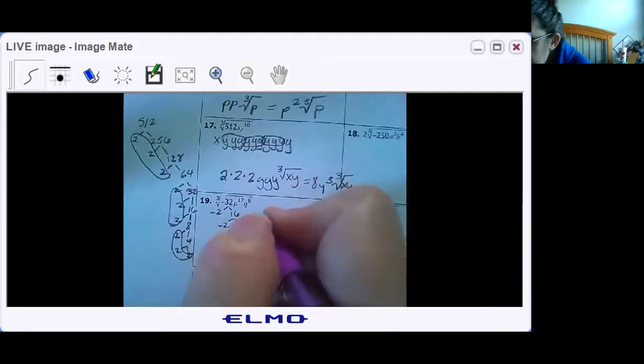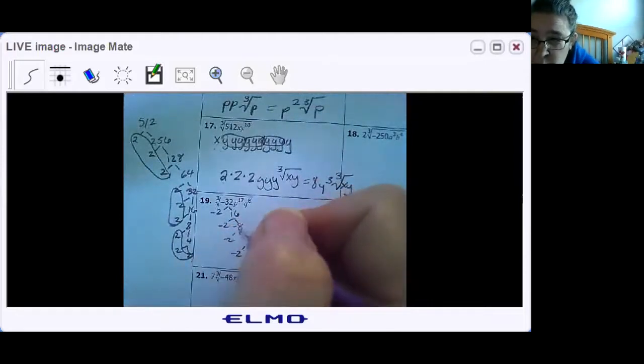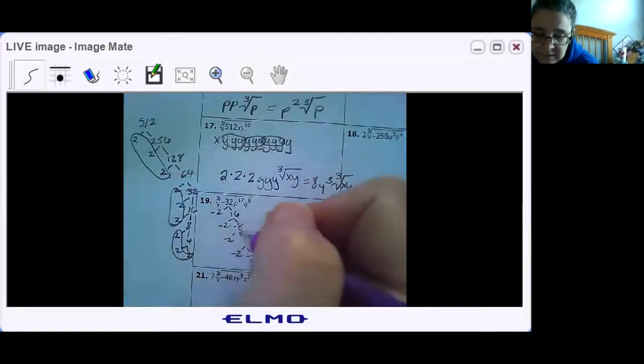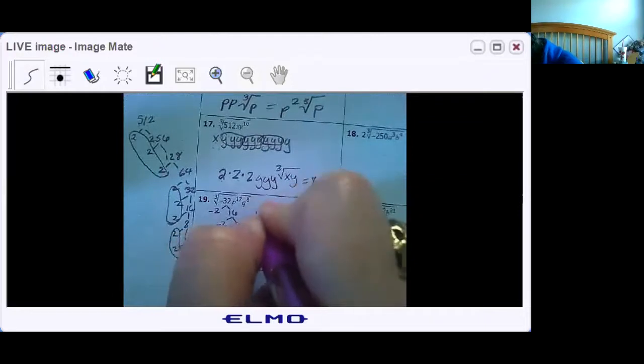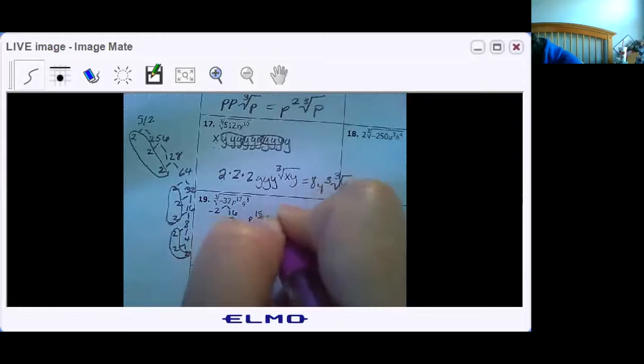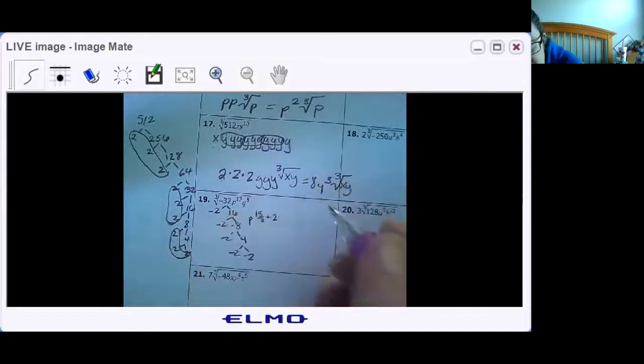But I got to think about what's the closest multiple of 3 to 17. Well, that's 3, 6, 9, 12, 15. Okay. So I'm going to rewrite this as P to the 15 divided by 3 plus 2. It's 15 plus 2 gives me what I want.